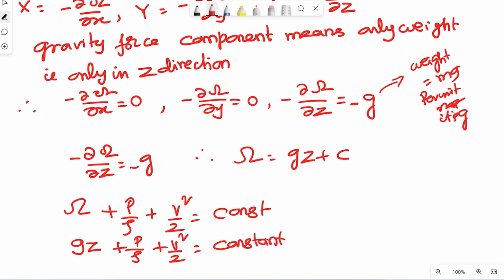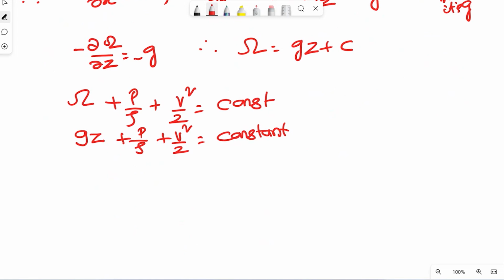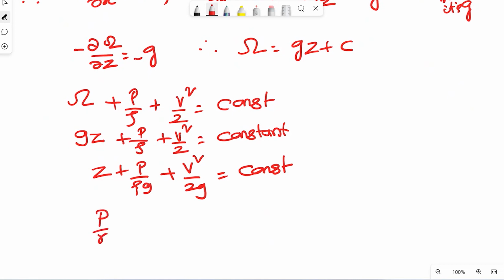gz plus constant, if I write it also goes into that. So if I divide throughout by g, z plus p by rho g plus v square by 2g is equal to constant. Or otherwise, p by gamma plus v square by 2g plus z is equal to constant.